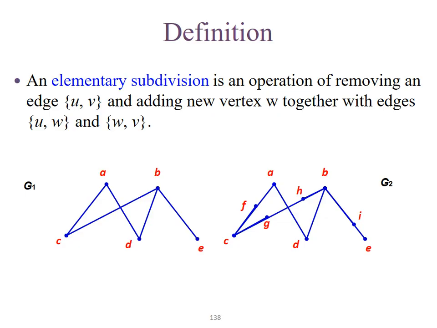If you put one vertex F here and G here, now we have G and H along the edge. If we apply elementary subdivision, what we do is remove the edge and add the vertex G, and then remove the next edge and add the vertex H, and add the new edges.